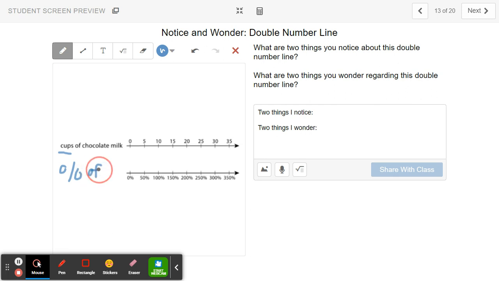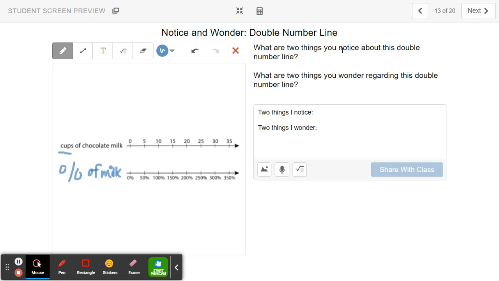So what that might mean is that, for instance, here is 100%. So this is telling me it could be anything. Maybe there's cartons of chocolate milk, and one whole carton or 100% of a carton is 10 cups. It could be that 100% of one recipe calls for 10 cups of chocolate milk. So it's a percent using this chocolate milk.